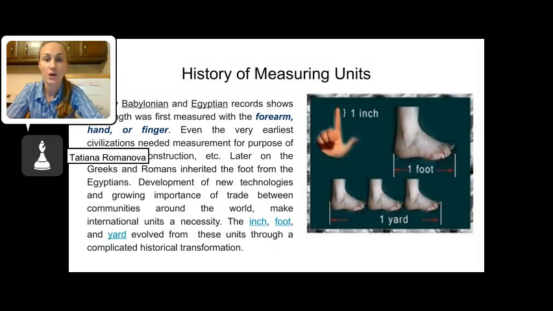As you can tell from the previous slide, we use rulers, yardsticks, or measuring tapes to find out the length of things. Our ancestors were not so lucky. They didn't have all these smart tools, and they thought about using their body parts.